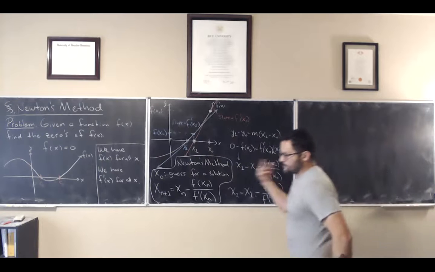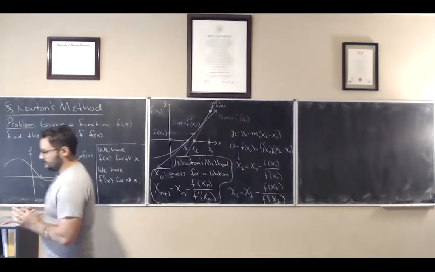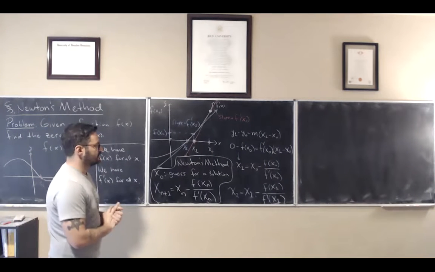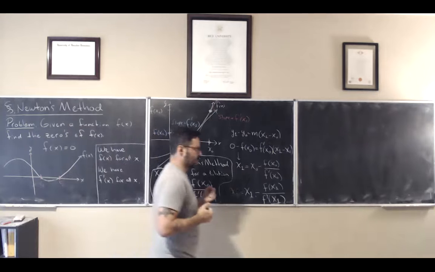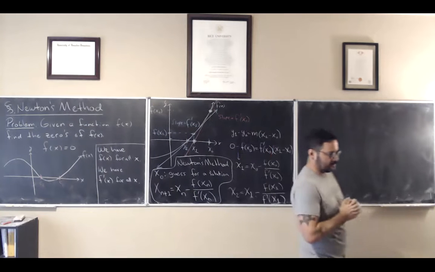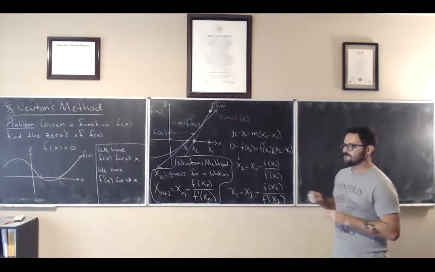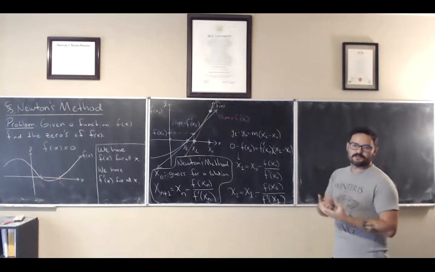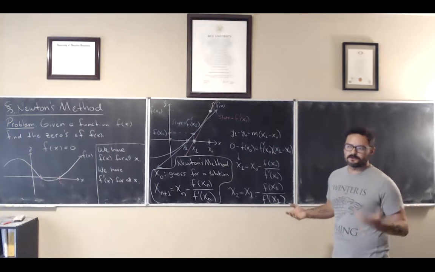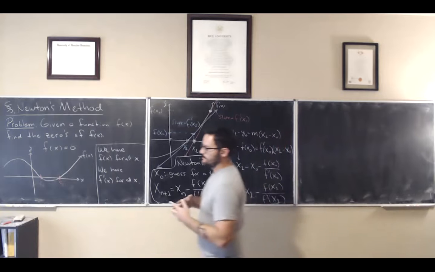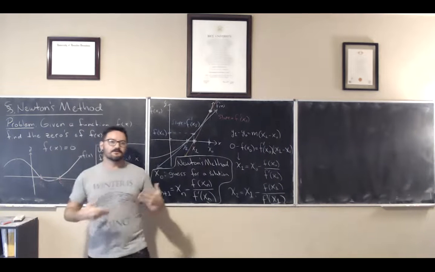So in the trig example that we looked at yesterday, the inverse trig example, at the very end of one of the problems, it asked us to find the points of concavity of a function. And in the textbook, it solved it via Newton's method. Well, concavity happens when the second derivative is equal to 0.